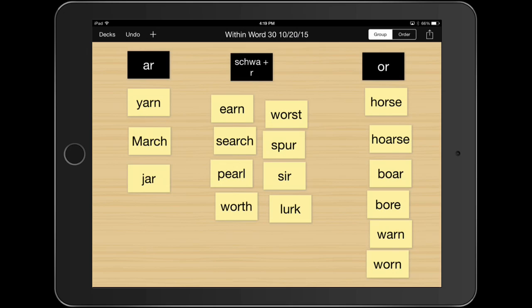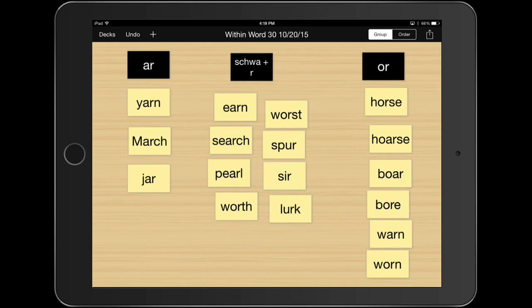So there's not a lot of stress on the vowel. For example, when we say the word earn, it's just earn, or search, pearl, worth. There's not a lot of stress or emphasis on the vowel sounds in these schwa words.